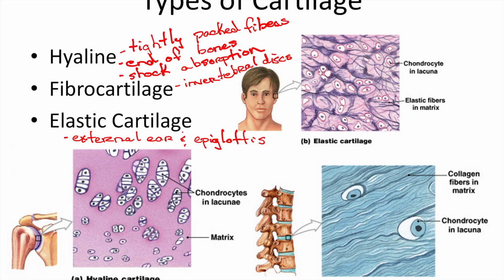The epiglottis is the piece of tissue that folds over your trachea when you swallow and prevents food and water from going down into your respiratory system. So these elastic fibers allow the cartilage to be more stretchy and to recoil back to its original shape relatively easily.